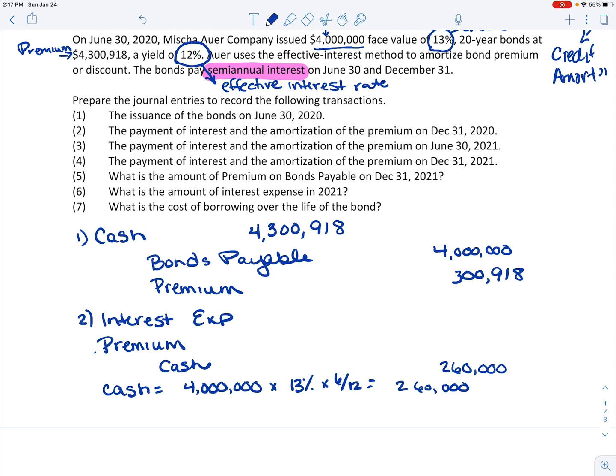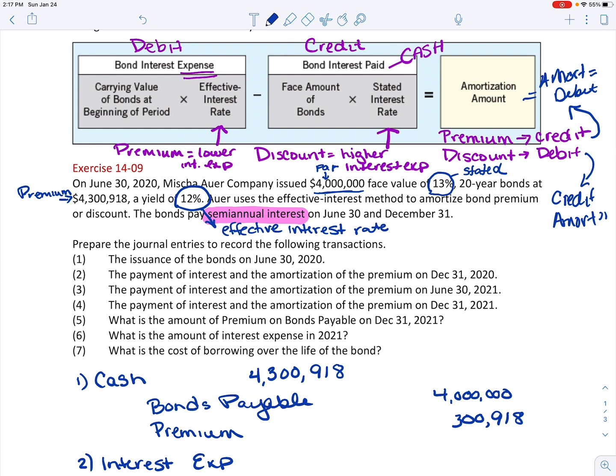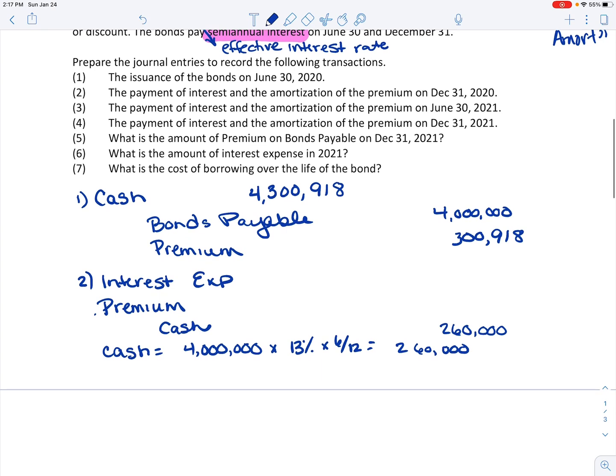Next, I have to calculate my interest expense. Just to review, this is where I take my carrying value of my bond times my effective interest rate. Since this is my first interest payment, my carrying value is going to be that $4.3 million amount.